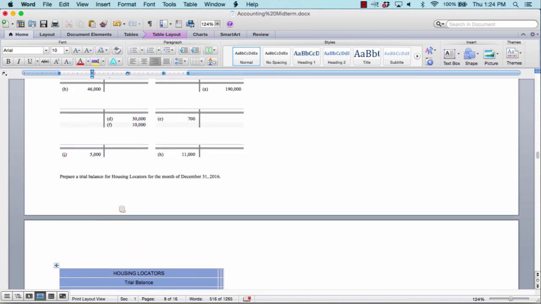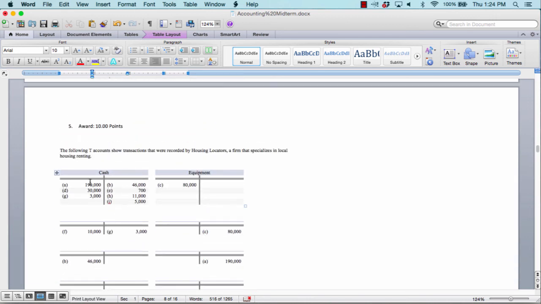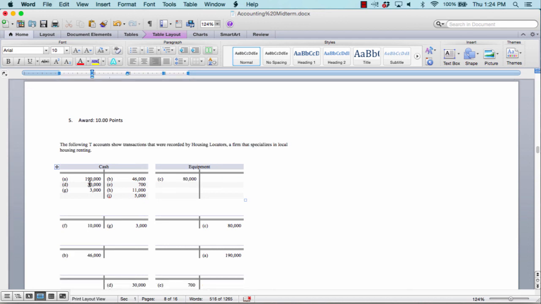Okay, so I'm going to do the first one, which is cash. If you add up these 3 columns, it's $223,000, I believe. I don't have my calculator with me, but it's just addition. It's 190 plus 30, which is $220,000, plus 3,000 is $223,000. And this side is going to be $62,700.